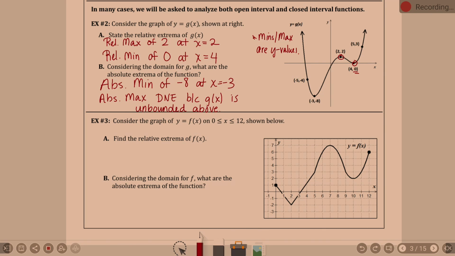On example 2, we just listed our relatives as the one non-absolute, and then on B we listed the absolute. On this one, on A, I listed all mins and maxes as relatives, and then I specifically listed the absolutes on B, which then were repeats from the relative list. Now, what is the difference between example 2 and example 3 that made me do that? I don't know.